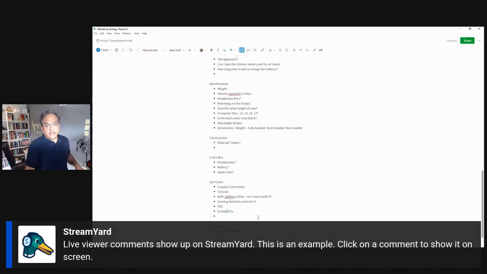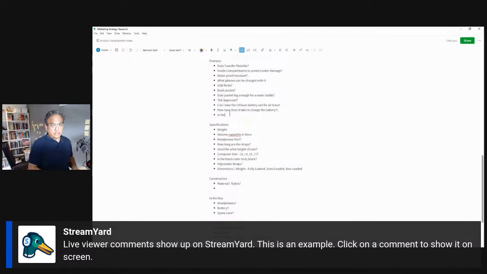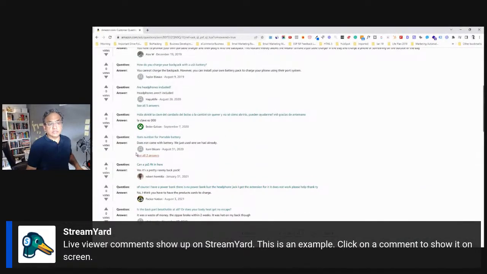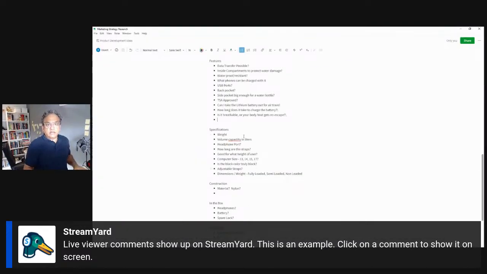Is it breathable at all? Does your body heat not escape? Very interesting. Okay, features. There's no power bank. Let's keep going. Quick charge, very interesting question again.